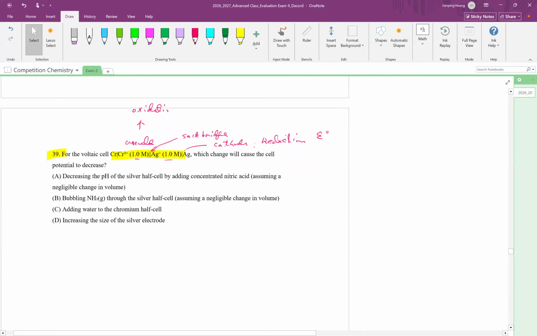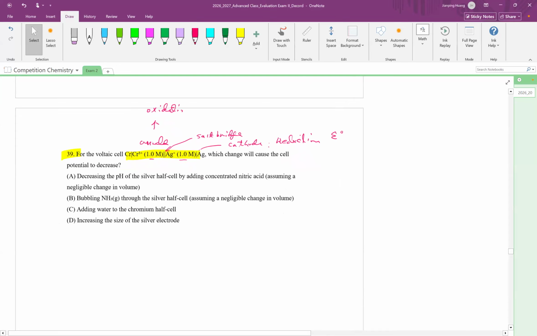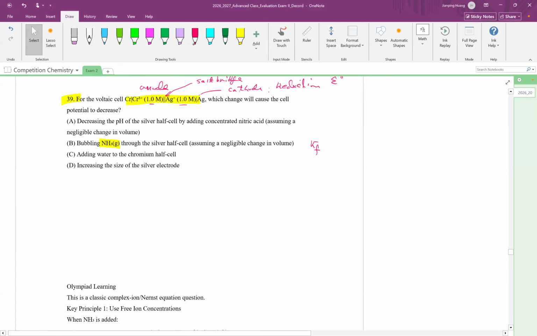Right? You got it? And this question is related to what? See, when I see the ammonia, it tells us, and that probably will relate to Kf in the electrochemistry. Kf in the electrochemistry, okay? Now let's do that. Let's do one by one, okay? Right. So the first one, let's write the cell reaction.